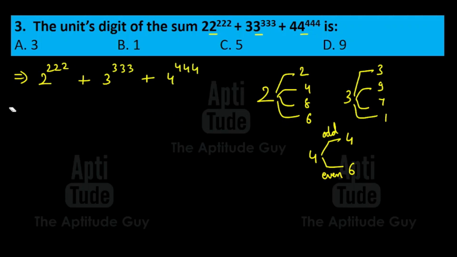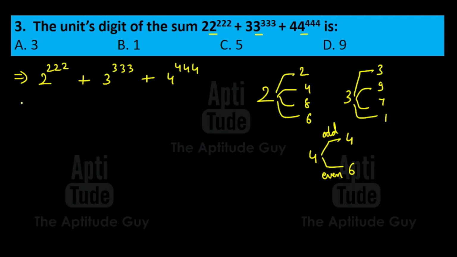Now in the examination, you don't have to write each and every step obviously. One good thing about aptitude tests is that nobody cares about your steps. You only care about the correct answer or the wrong answer. I'm writing all this for explanation purposes. In the exam, you can skip a lot of steps, not an issue.